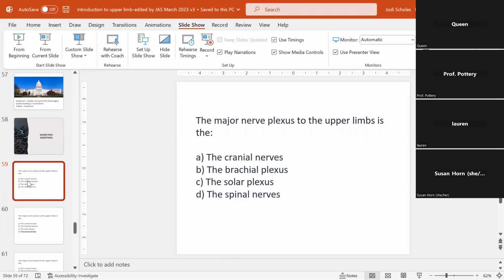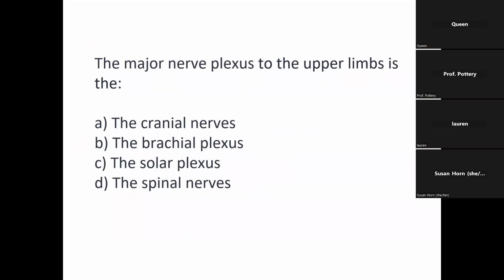The major nerve plexus to the upper limbs is the blank. Read through the answers. The major nerve plexus to the upper limbs is the blank. So, seeing some answers.